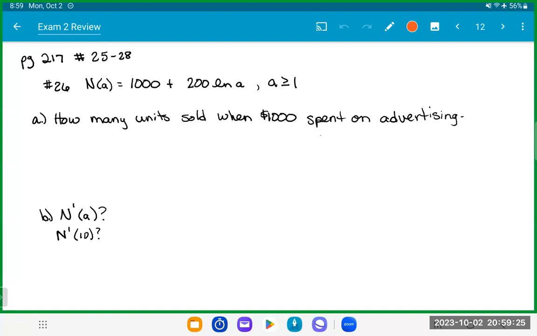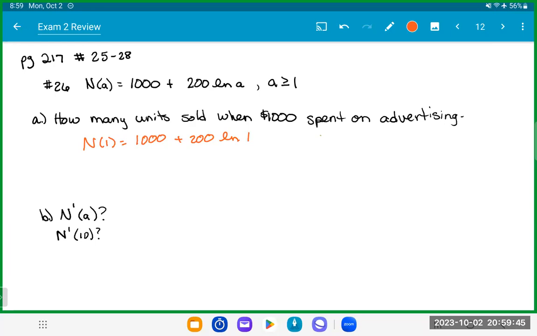Okay. So first of all, if 1 unit is sold, that is 1,000 plus 200 ln of 1, but the ln of 1 is 0, right?